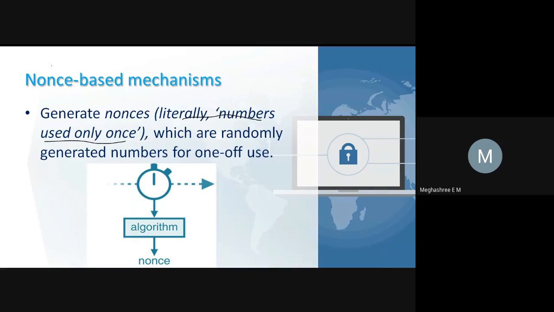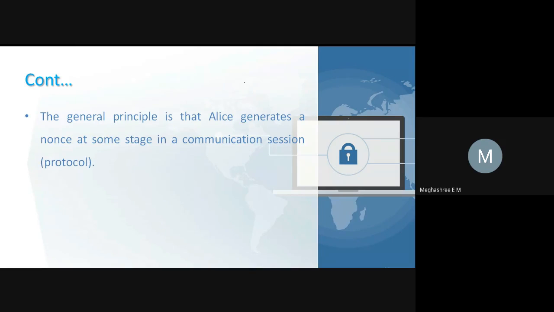A unique example is the current time. Now the time is 12 o'clock 56 seconds, and the date is 4th November 2020. This time will not be repeated in future. In the same way, we use such random numbers to provide freshness for the messages. So this is the nonce-based mechanism.